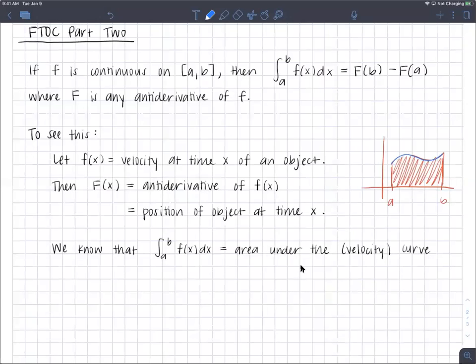But then if I look at the area under this curve, what else can I think about? If I just look at the x-axis, what can I determine from this point to this point? What can I say this is equal to?